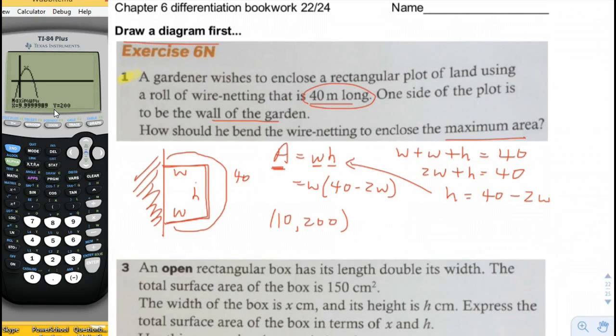Okay, and what was this again? This was W and this was A, right? So how should he bend the wire netting to enclose the maximum area? Well, the W should be 10, and the H should be 20. That would give you an area of 200, which apparently is the maximum possible one.